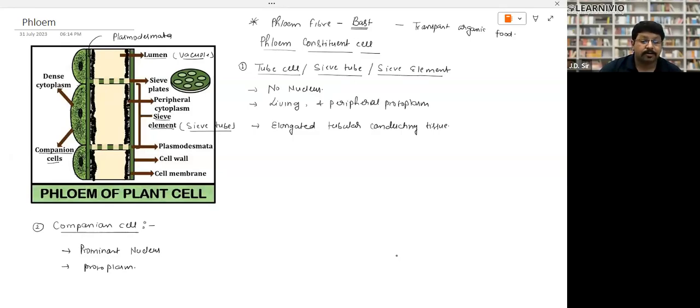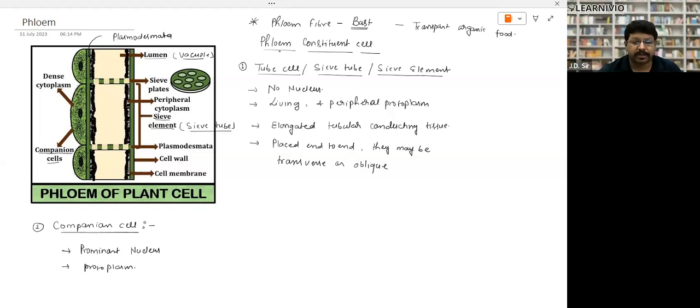Sieve tubes are placed end to end, and they may be transverse or oblique. What does it mean?